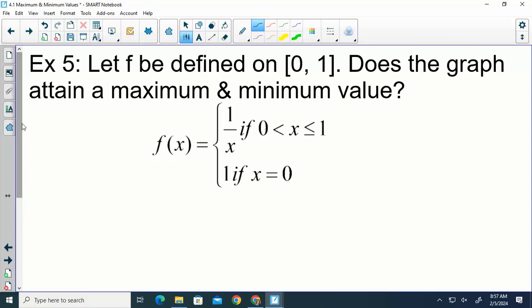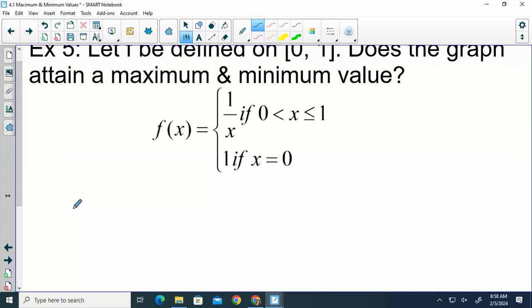And we said that worked if you had a continuous closed interval. So the last example we did, it wasn't closed. This one is a case where it's not continuous. So let's look at what happens there. Let's look at the graph. It might be easiest to do this one from the graph.